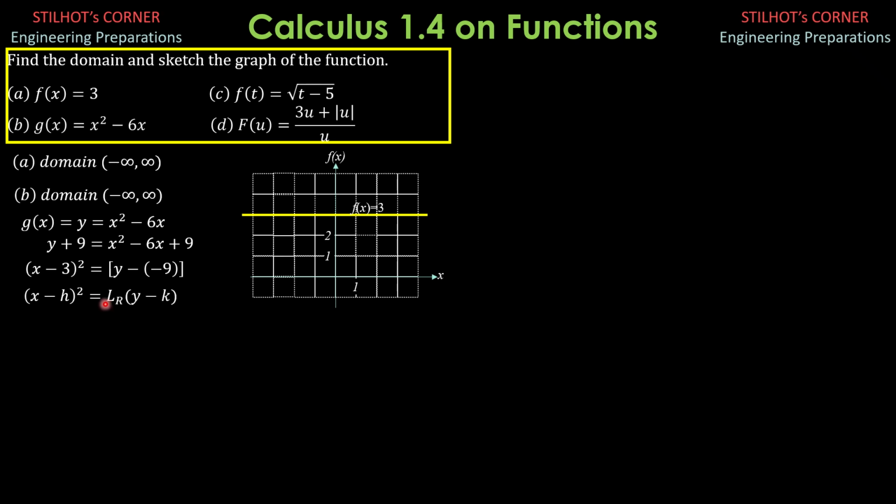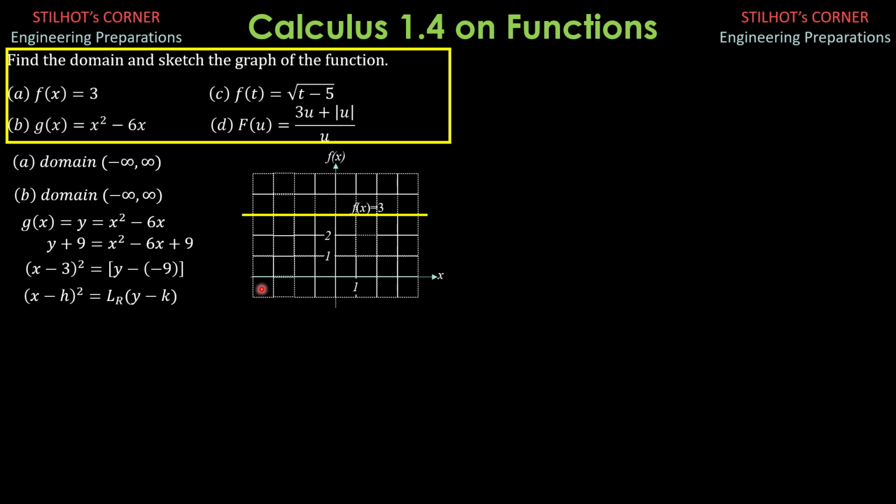The sign of the right side is simply the opening of the parabola. So since there are two values of x, it means that the parabola is open upward, because the latus rectum is 1.